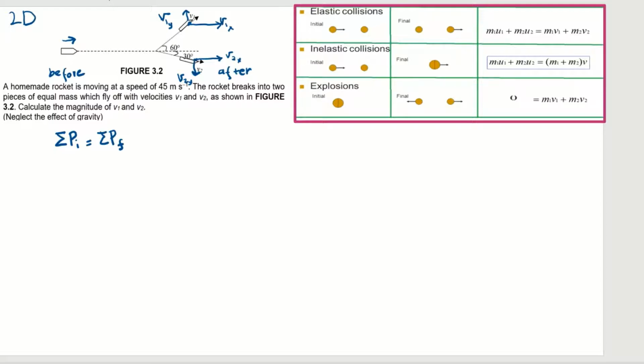So what you have to do is resolve the momentum. This is the x component.